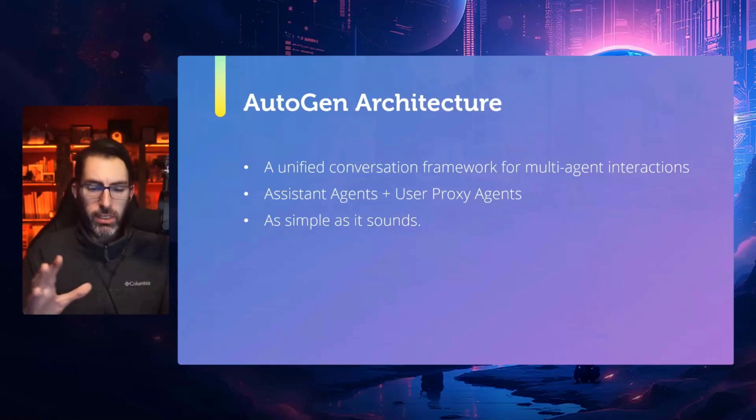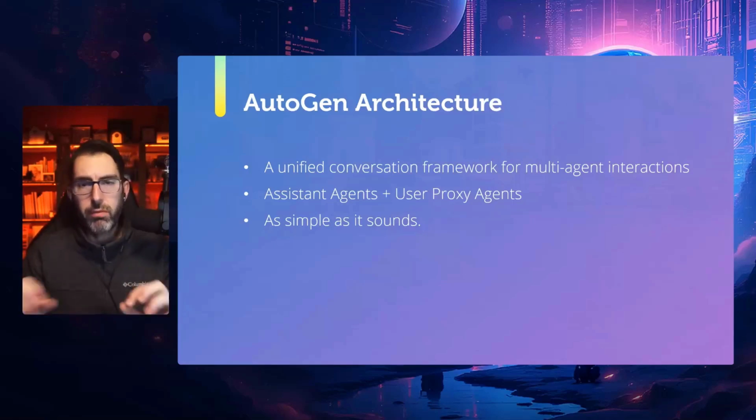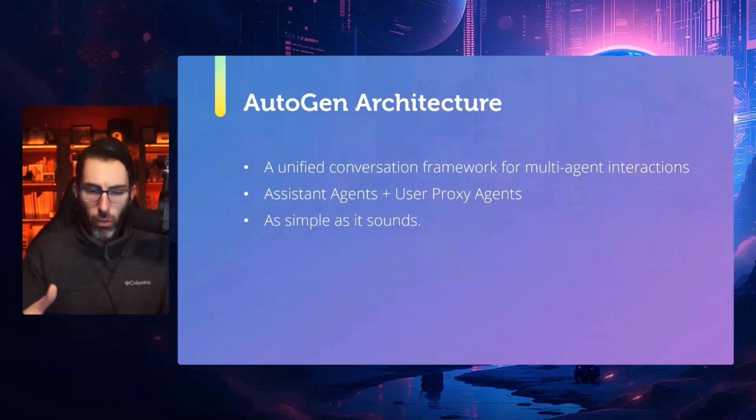So these two, assistant agents and user proxy agents, are the building blocks to pretty much everything that we build with Autogen. And Autogen itself handles the orchestration of messages between those agents, so developers can simply focus on defining agent roles and goals instead of low-level communication between agents and how it's going to work.